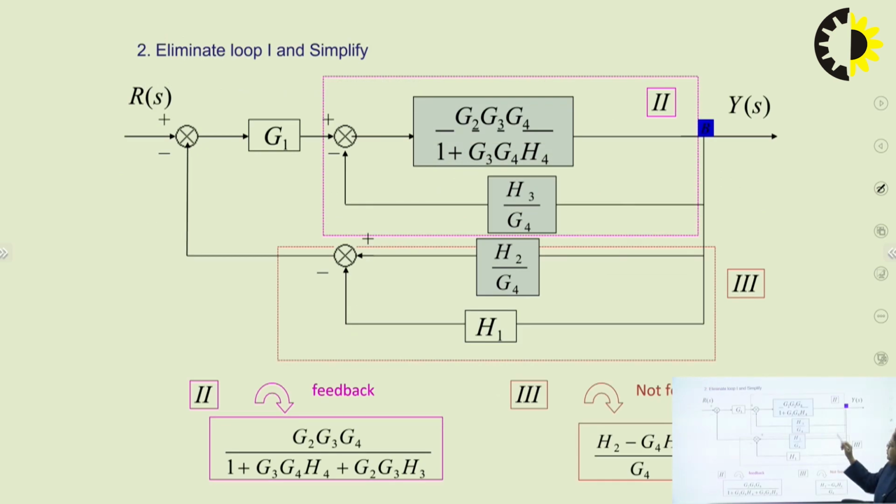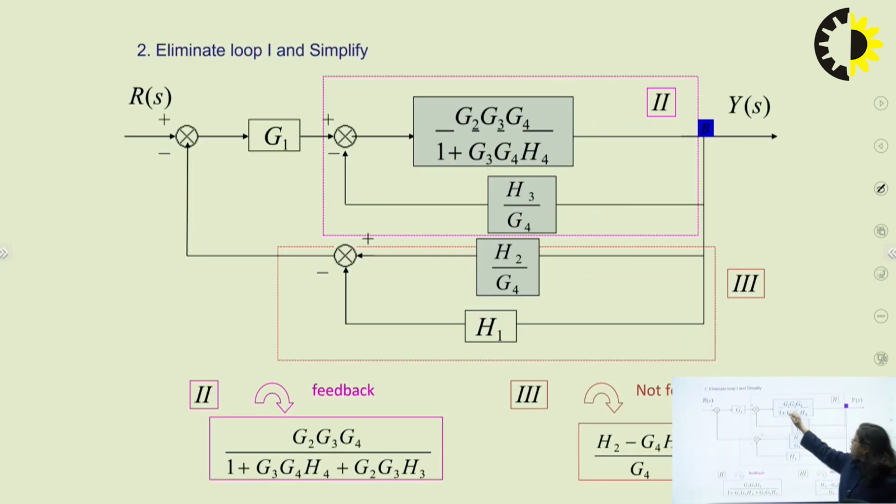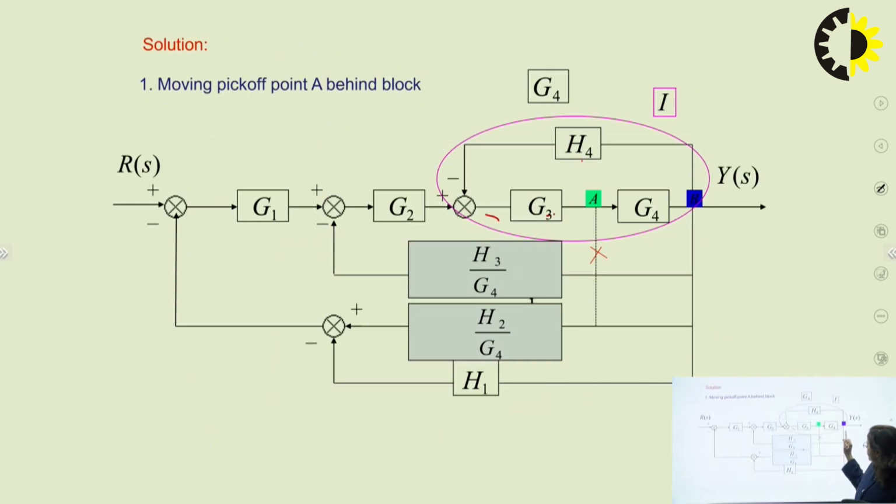So we will solve it using the feedback function. Once we solve it, it will become in cascade with G2. So G2 G3 G4 upon 1 plus G3 G4 H4. This is the function. Then it becomes in feedback with G3 upon H3 upon G4.